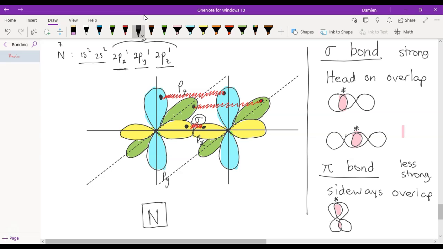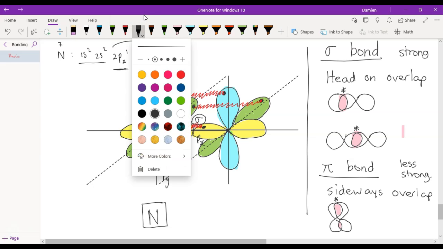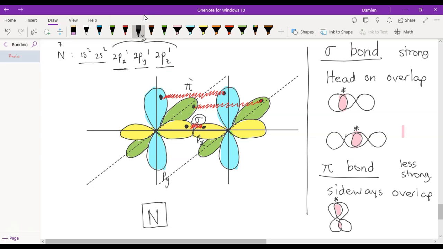Let's see if we can find some pi bonds in our diagram. Pi bonds are where they overlap sideways. Looking at the py, your py is this top one here, this is going to be a pi bond, because when they cross over, they're going to go sideways. And the same thing with the pz. Your pz's also go sideways, so this is also a pi bond.